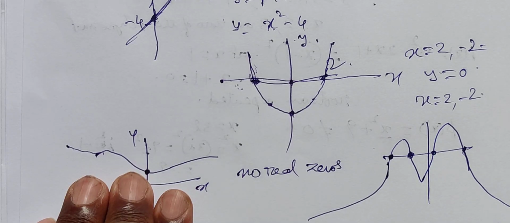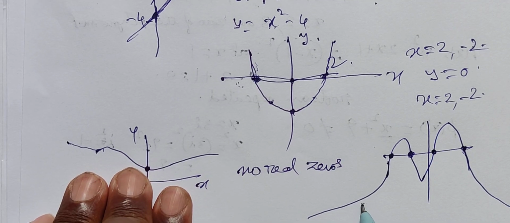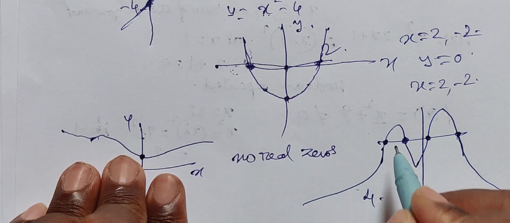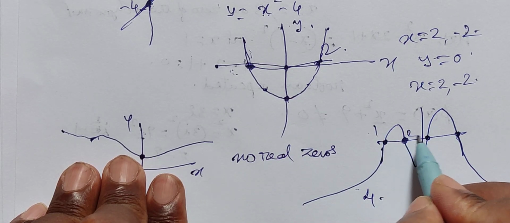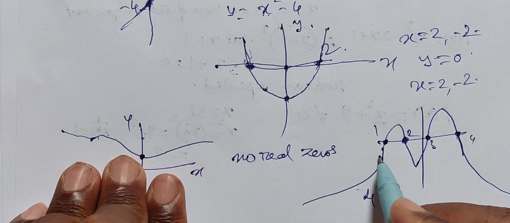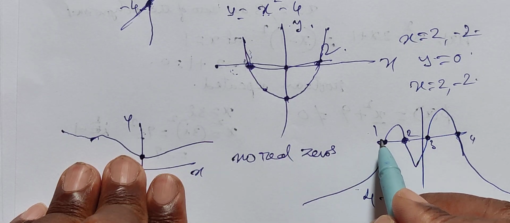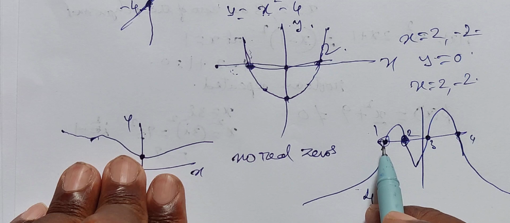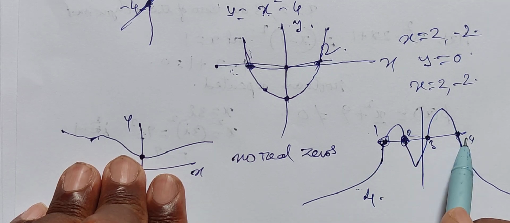So if you look at the number of points where the value of y is 0, how many zeros for this particular polynomial? 4. Why? Here is 1, another 2, 3, 4. Remember, this is not x values; we are just counting 1 point, 2 point, 3 point, 4 point.